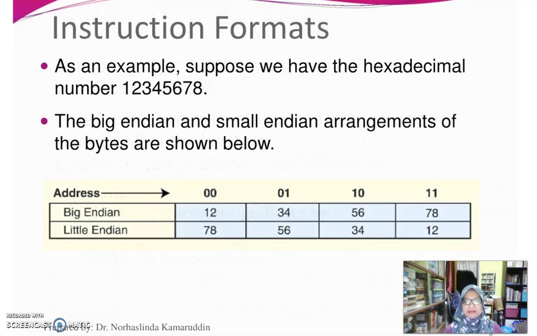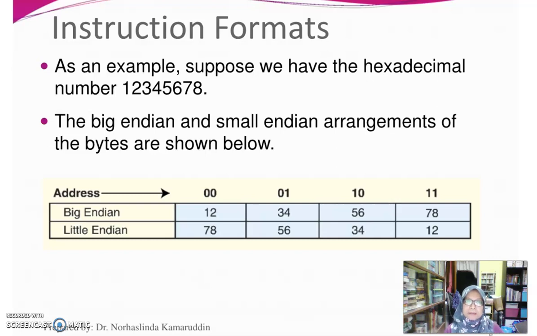So this is the example. If you can see here for Big Endian, we have 1, 2, 3, 4, 5, 6, 7, 8. This is like our normal text. But Little Endian is shown like this. It's actually reflected compared to Big Endian.